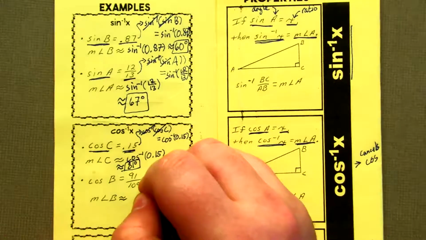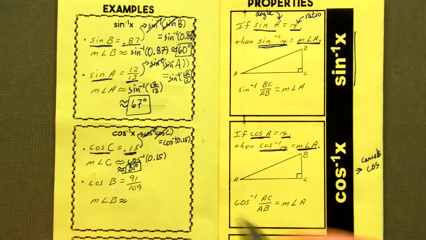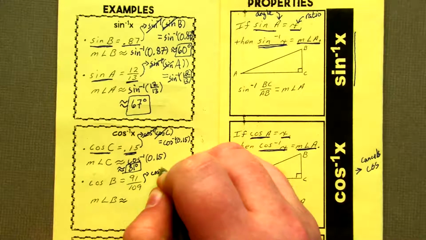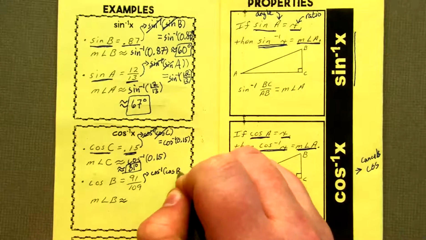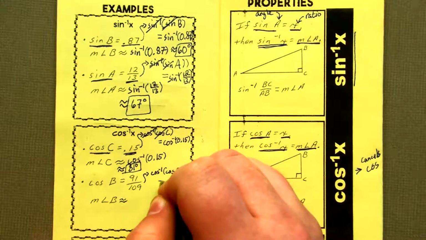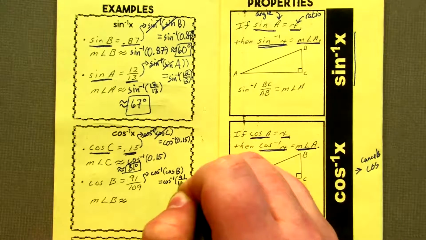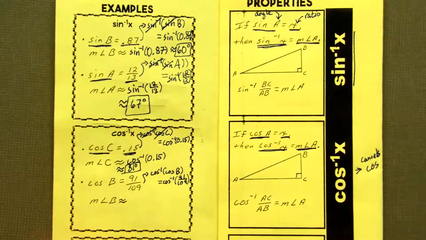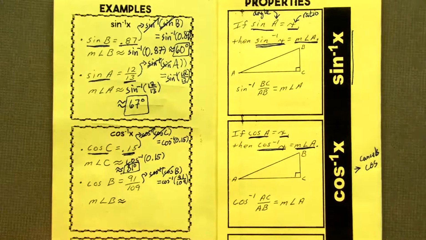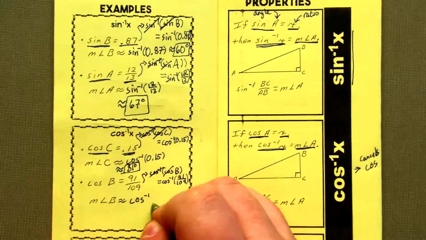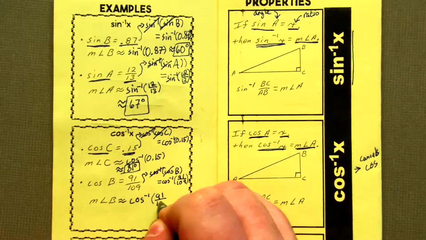Let's try this next one. We've got another cosine to cancel. So we're going to cancel that by taking our inverse cosine of both sides: inverse cos of cosine of B equals the inverse cos of 91 over 109. Cosines on the outside cancel, and we're left with B is approximately the inverse cosine of 91 over 109.